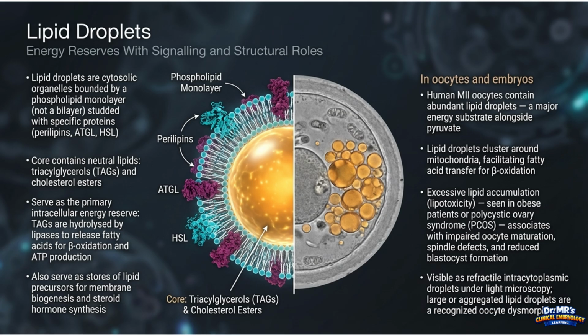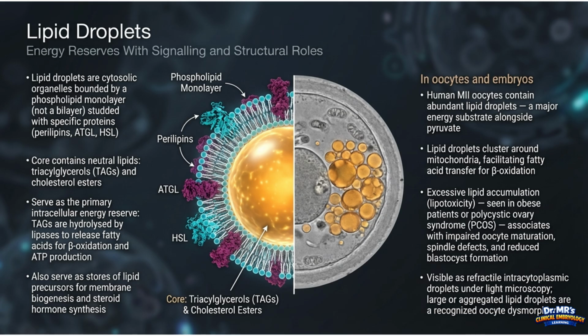The clinical concern arises when lipid droplets are excessive in number, unusually large, or abnormally clustered. This pattern of lipid excess, lipotoxicity, is seen with significantly higher frequency in oocytes from obese patients and from patients with polycystic ovary syndrome. The accumulation of excess lipid in the cytoplasm is not simply an aesthetic issue.